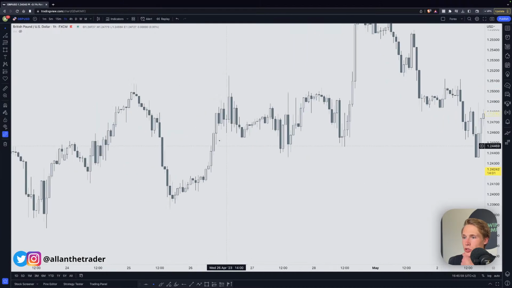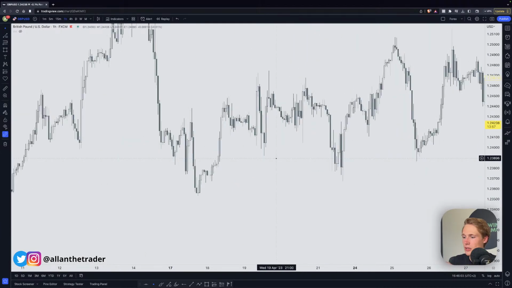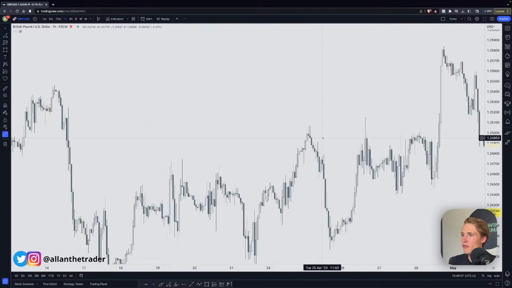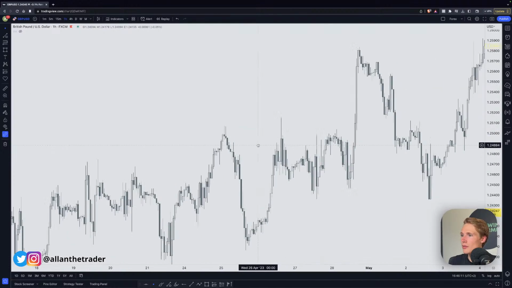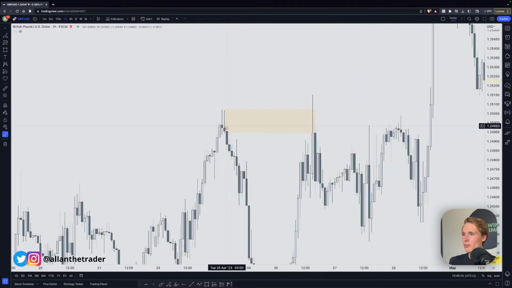I will show some examples. So this is the last thing I will do. It's a short stream, but I will show some examples of very good supply and demand zones with an imbalance. So this one, for example, you see this movement downwards, then you see this candle, because there's an imbalance from this candle.